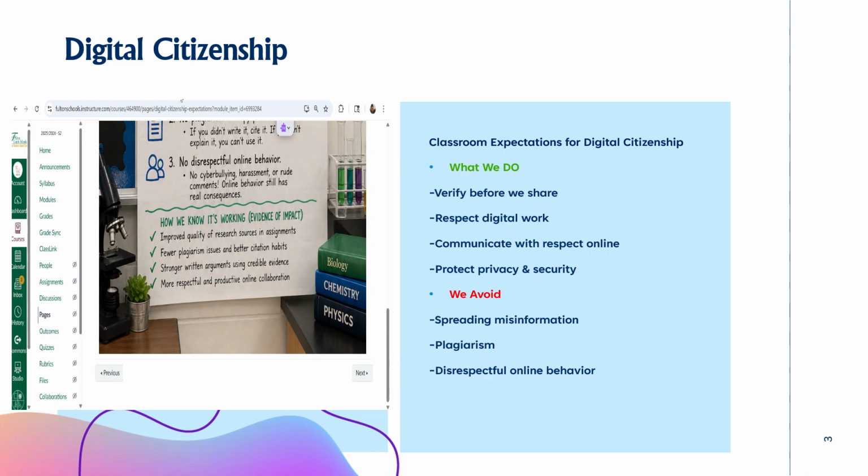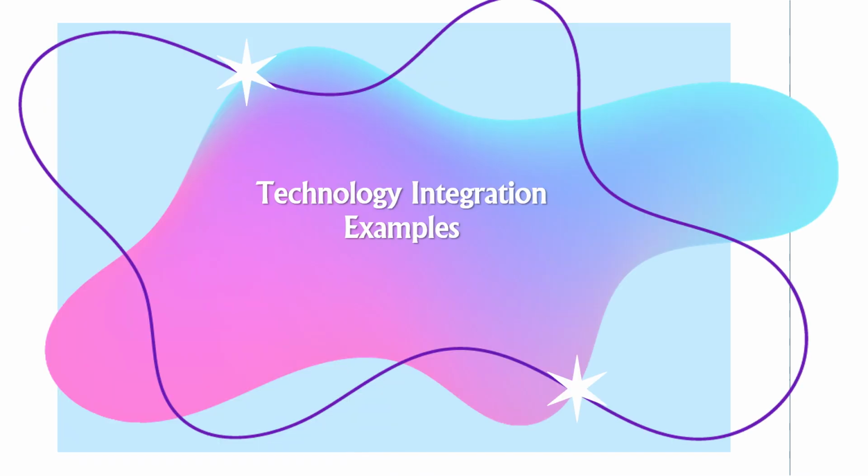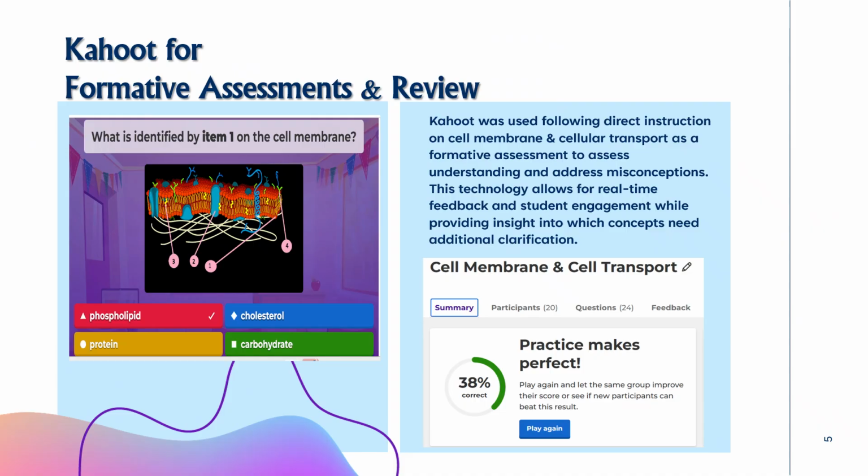And finally, we talk about protecting privacy and security so students understand how to safely use technology. Overall, these expectations help set the tone for responsible technology use throughout the semester. In the following slides, I will discuss 5 technology integration examples that I have used in my classroom.